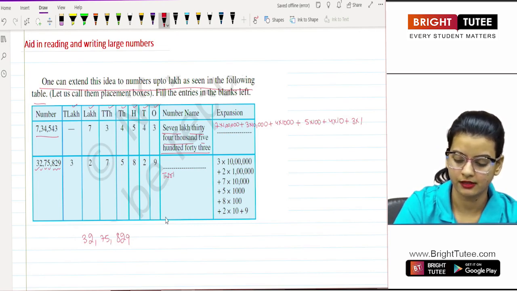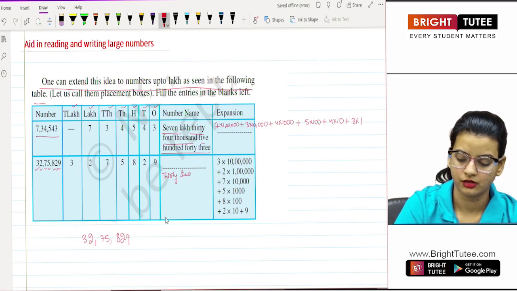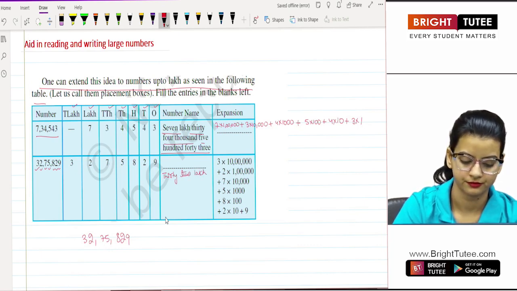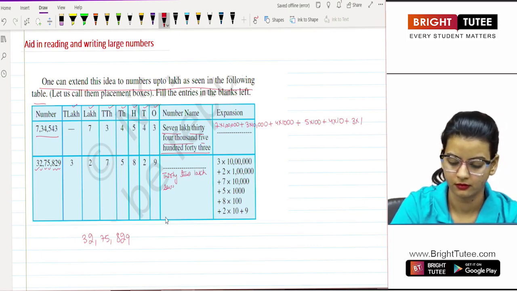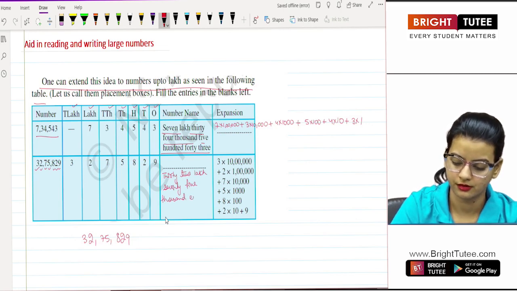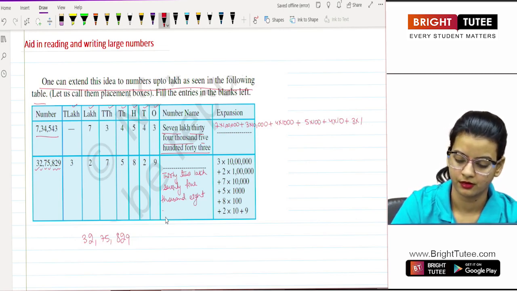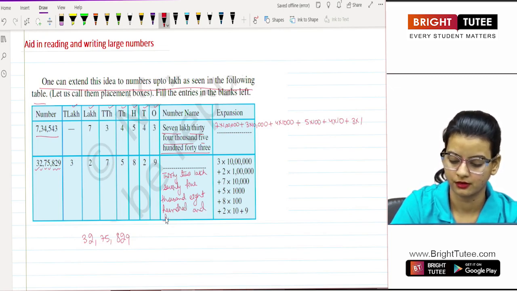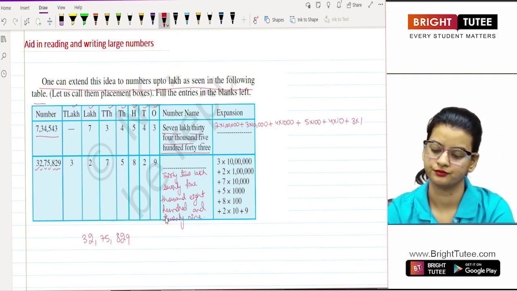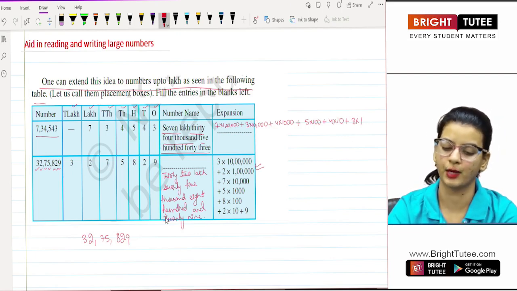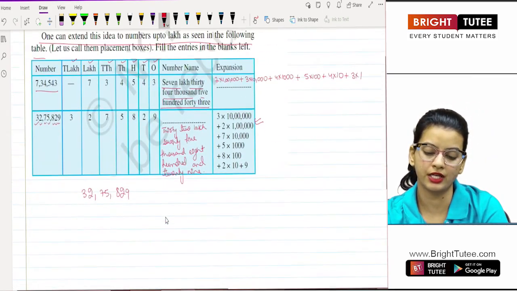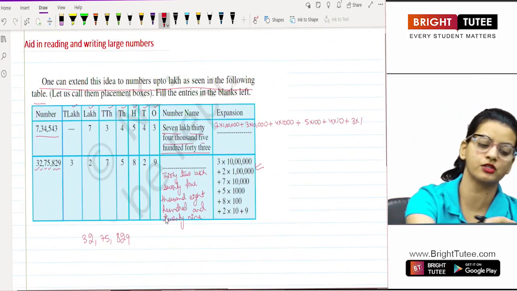We can write this as 32 lakh 75,829. And we have written this in the expanded form as well. So can you see how easier it becomes to read and write the larger numbers now?